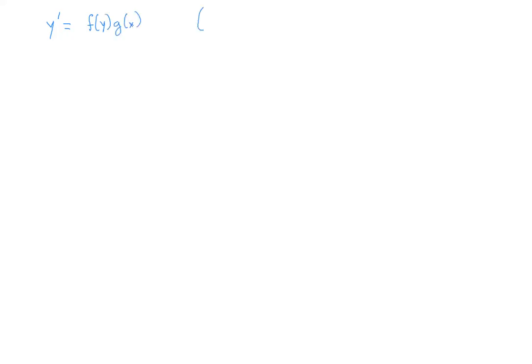Here, I'm supposing that y is a function of x. So in other words, you have isolated your variable, and the right-hand side of the equation is actually a product of quantities in the respective variables. Okay, that is the assumption here.